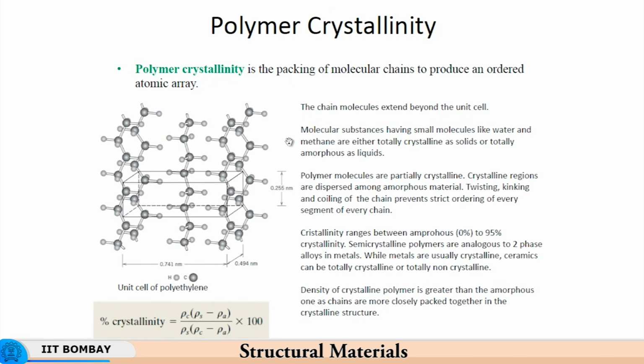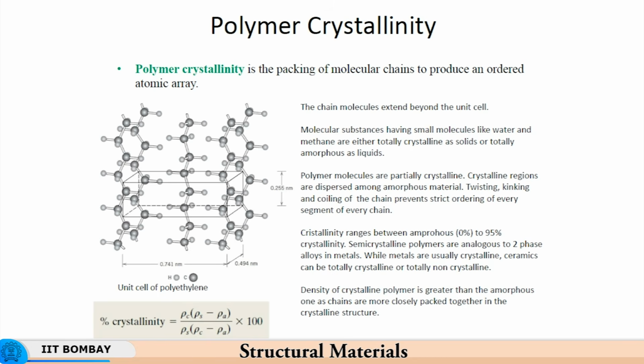Now I was telling you that some polymers are crystalline, and just like our crystal structures, the polymer chains arrange themselves in such a way that it creates an impression of regular arrangement of atoms. So polymer crystallinity is the packing of molecular chains to produce an ordered atomic array.